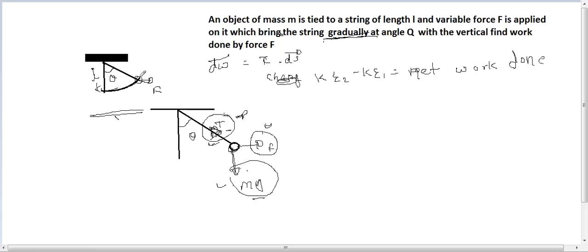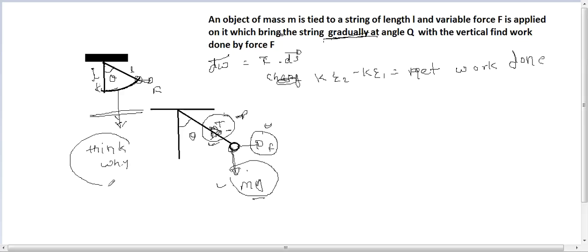The length here is L, and the length at this point is also L, so this arc will be part of a circle. Think why; it is your job if you are not able to think why.